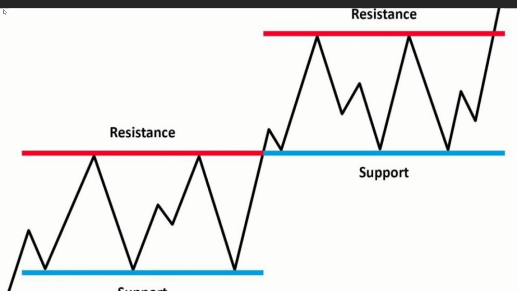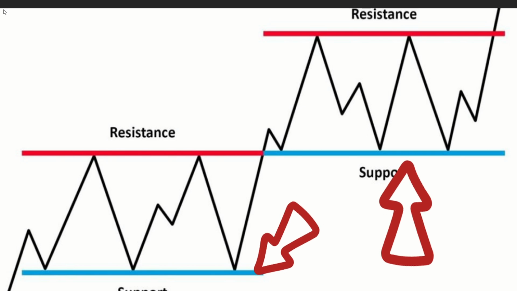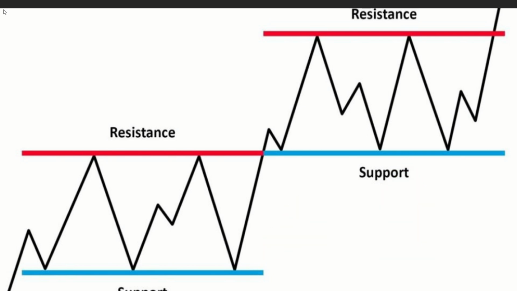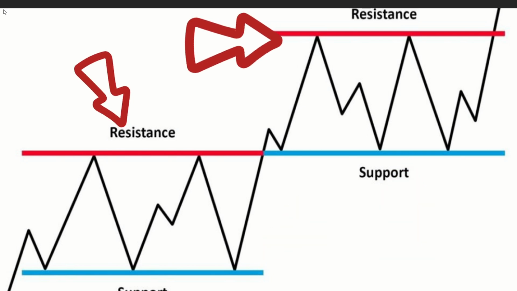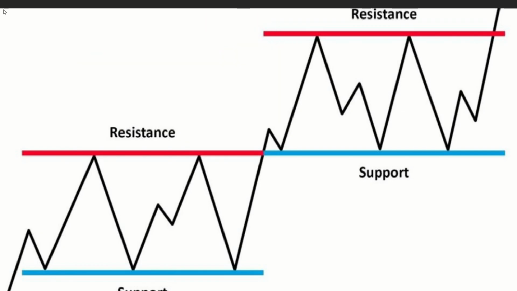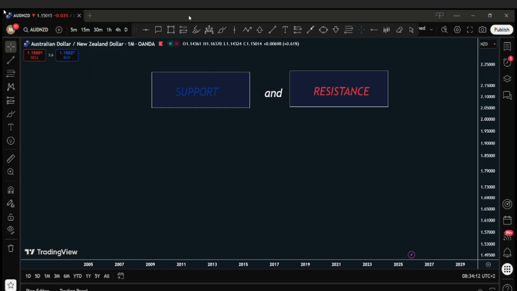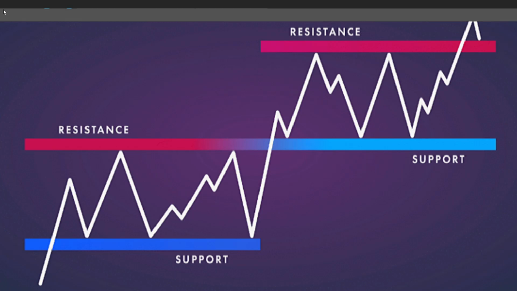Do you see that whenever the market goes to the support, it bounces and goes up, and whenever the market goes to the resistance, it bounces and goes down, meaning that support and resistance work hand in hand. If the market is currently at the support, we expect it to reverse and go to the resistance, and if the market is at the resistance, we expect it to reverse and go to the support.